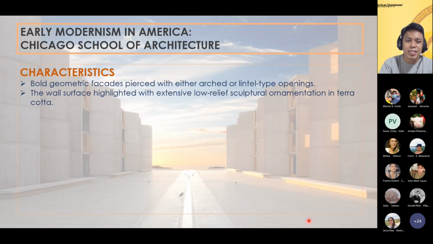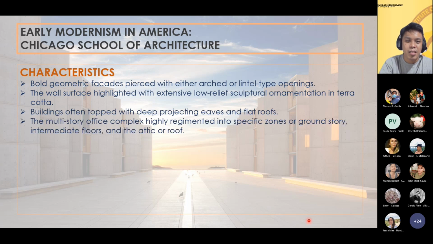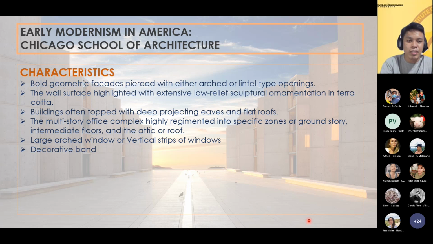So, okay. For the characteristics, we have the bold geometric facades. We have the wall surface highlighted with extensive low-relief sculptural ornamentation. Buildings often topped with deep projecting eaves and flat roofs. So, naka-flat roof ang mga building during this time around. The multi-story office complex highly regimented into specific zones: ground story, intermediate floors, and attic or roof.